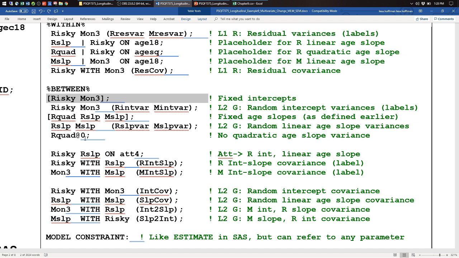Also in brackets, R quad, R slope, M slope. Those are the fixed slopes that correspond to each of those betas. So the fixed quadratic age slope is R quad. The fixed linear age slope is R slope. The fixed linear slope for age for monitoring is M slope.